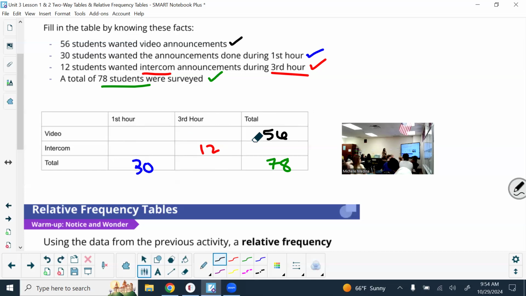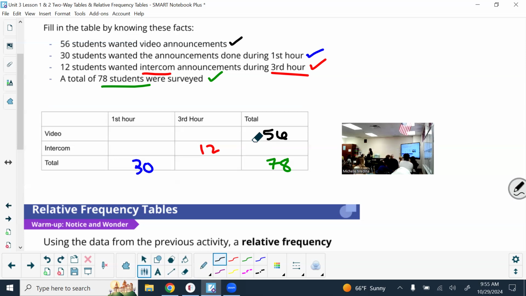Knowing that the rows add up to this and the columns add up to this, you cannot just pick a random number. You need to have at least 2 parts filled in for every row or every column to fill in that missing part.